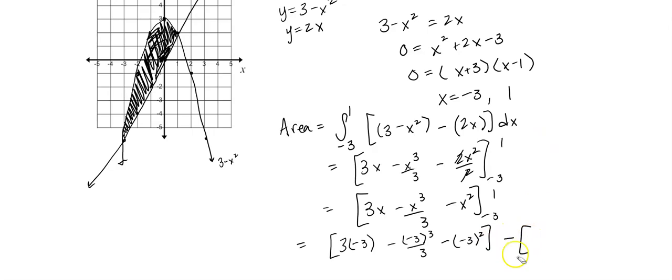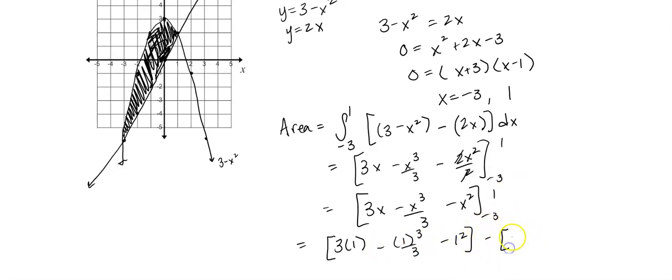Oh, sorry, I actually went backwards with that. Be very careful about your order. We want to plug in the 1 first. I've been trying to do that this whole problem. 1 is greater than negative 3, guys. So I'm just plugging in the negative 3 now.